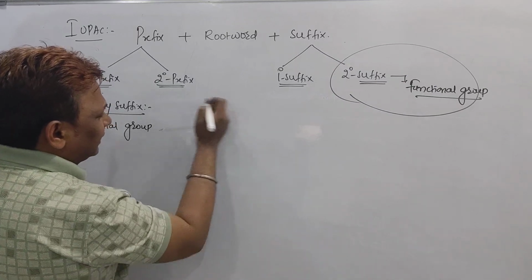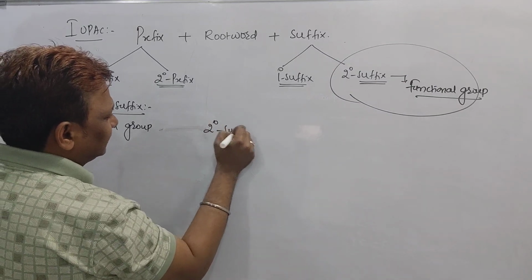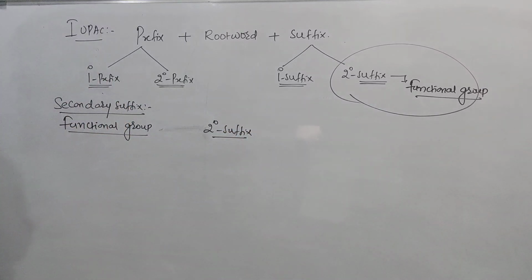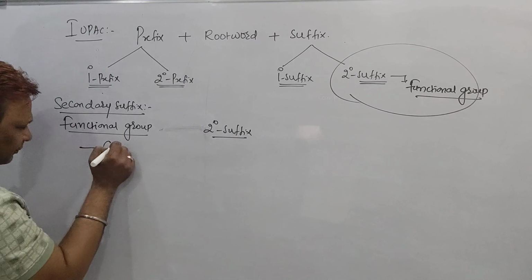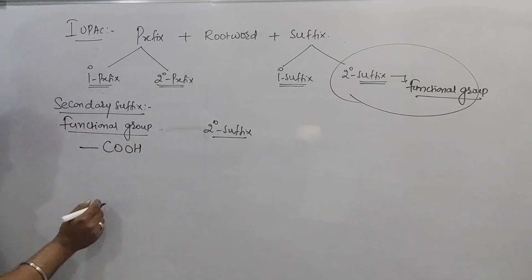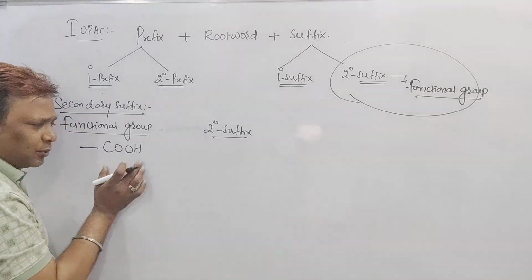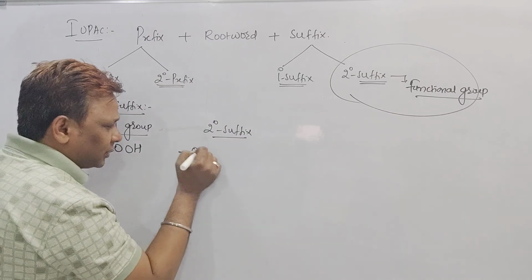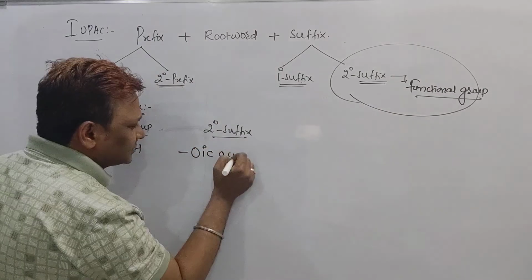For example, suppose the functional group is an acid. If the compound contains COOH, do you know, beta, it is called a carboxylic acid? The secondary suffix for this carboxylic acid I should add is oic acid.